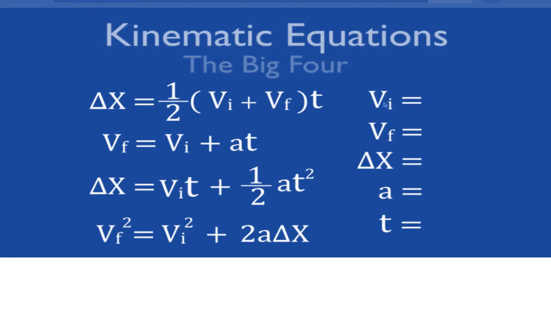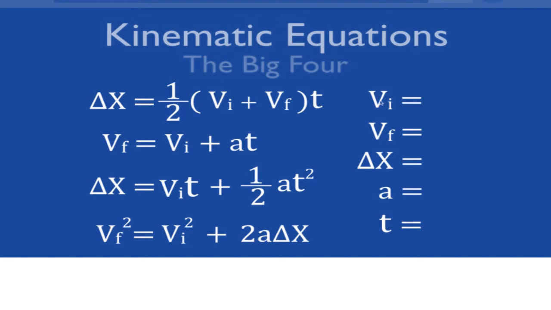Now I want to note that in your textbook the initial velocity is probably represented as v zero, the velocity at time zero. I like to put vi because in your textbook the final velocity is probably just represented as v, and I like to put vf.